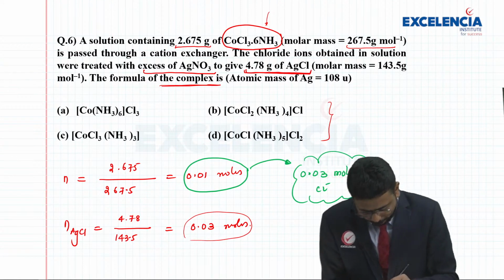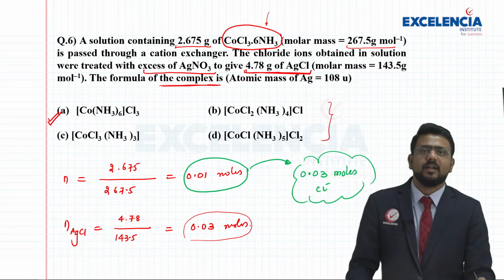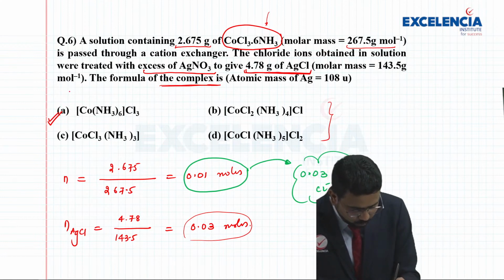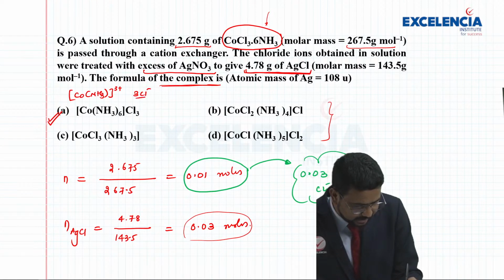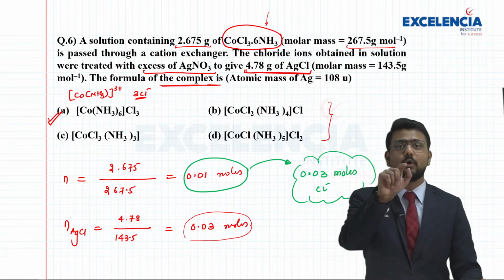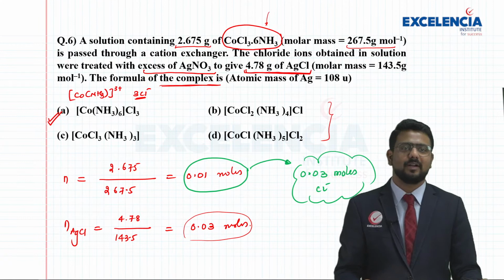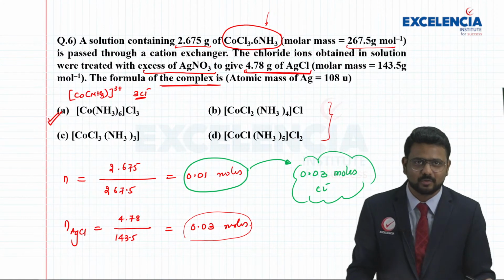Okay? If you look at option A, right here, you have this particular complex. Now when it dissociates in water, what you are going to get is [Co(NH3)6]3+ plus 3 Cl-. Yes or no? So these 3 chloride ions which are generated here will be able to combine with silver nitrate solution to produce silver chloride, having number of moles as what? 0.03 moles, right?